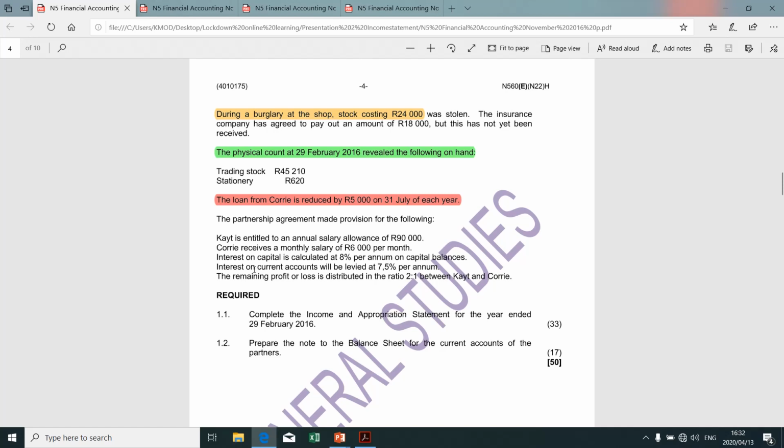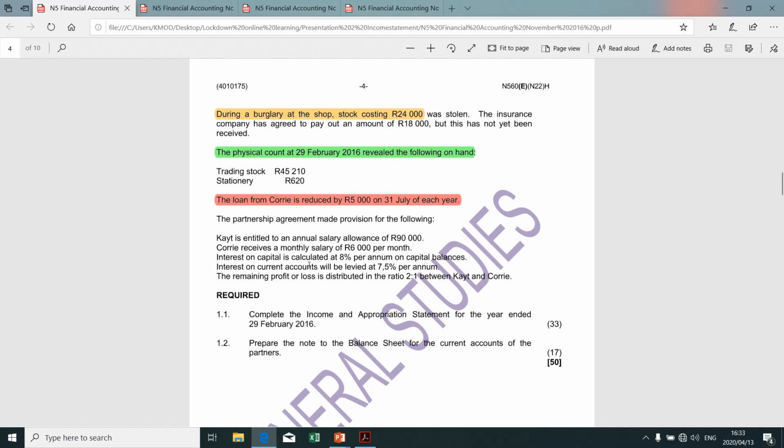It would have been credited as it reflects an increase in Kite's interest in the partnership. Corey's salary, the same logic applies. It would have been reflected on the credit side. But remember, we're not going to take those amounts as they are. I'll refer you to the calculation slide as soon as I'm done with explaining the impact of the provisions of the partnership agreement on the current account.